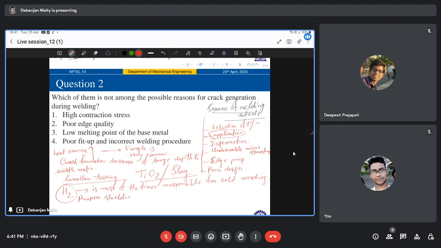So those things are there to reduce the possibility of this hydrogen formation or hydrogen entrapment. And you can also have some bubble formation because of hydrogen, right? So argon environment. So yeah, lot of things are there.